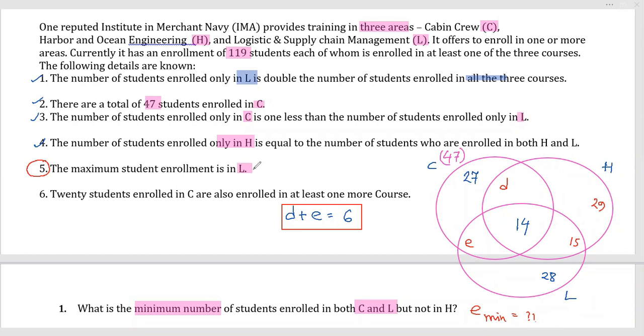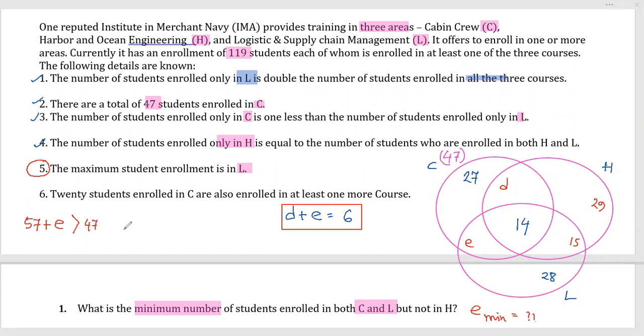Maximum number of students enrolled in L. So that means L total value will be more than C total value, will be more than H total value. So if I take out L total value, what it is, 28 plus 14, that means 42, 42 plus 15, that means 57. 57 plus E, this is the total value of L, which needs to be greater than C, that means 47.